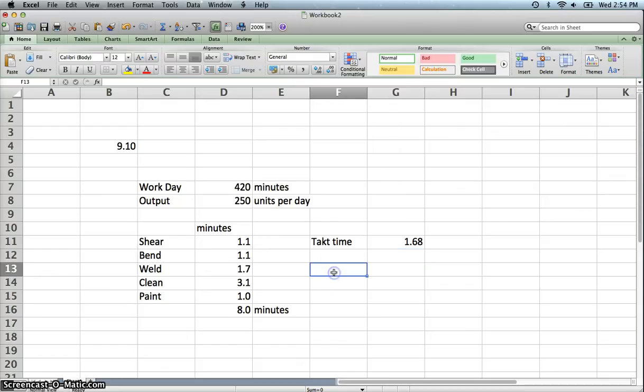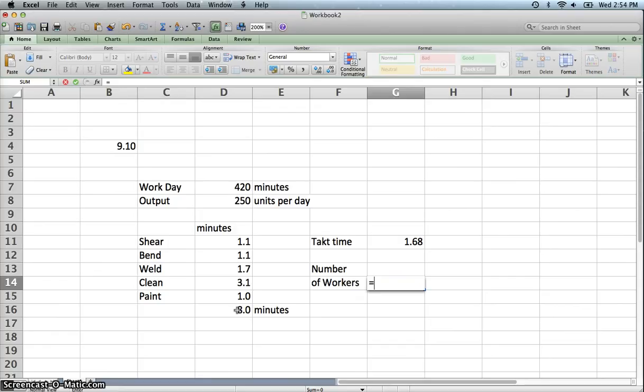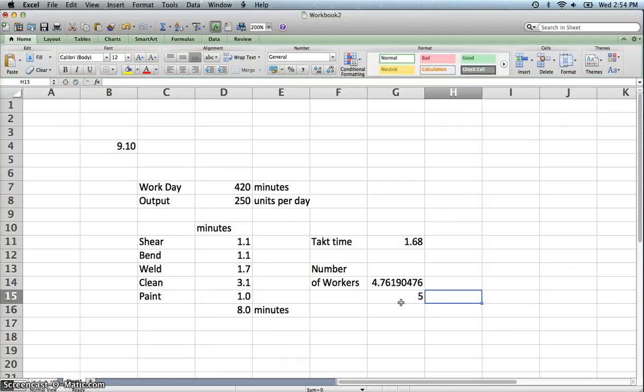We would take the number of workers, and we are going to take our total amount of time here and divide it by our tack time, and that would tell us that we need 4.76 workers, and of course we're going to round up, so we would say that we need 5 workers.